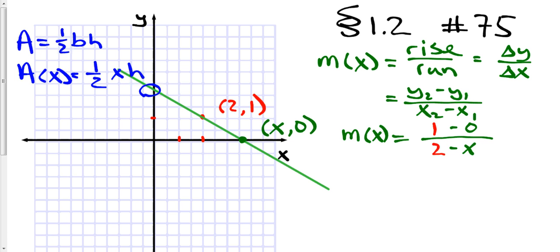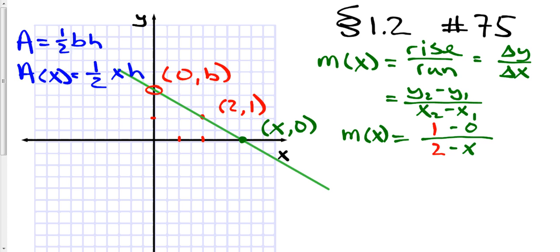So here's what I'm going to do. I am going to circle my y-intercept in red, and we're going to label that point. That is what point? 0, B.